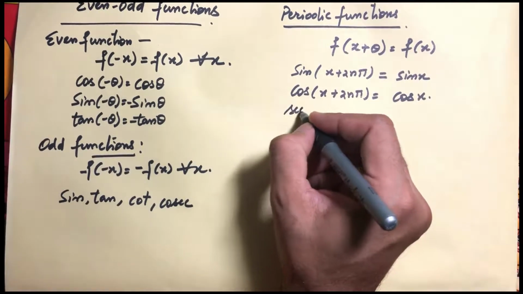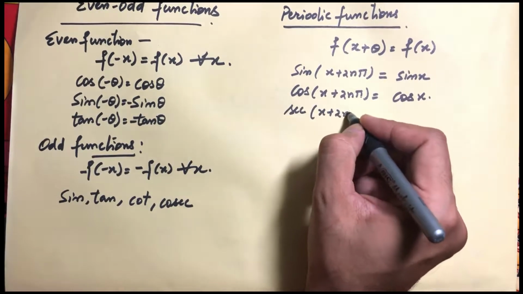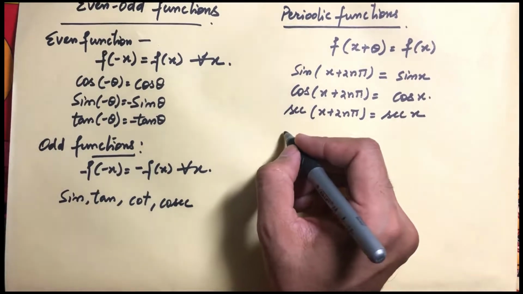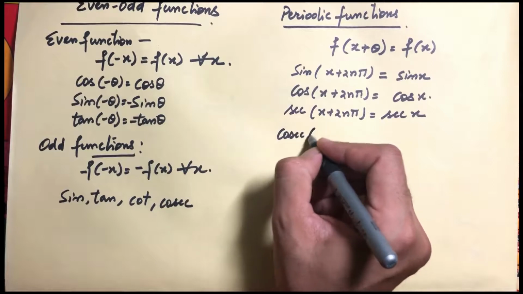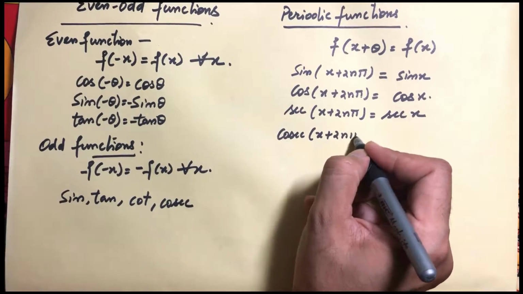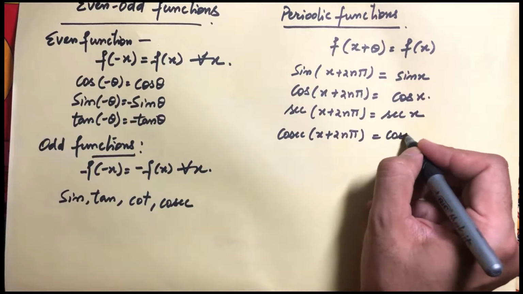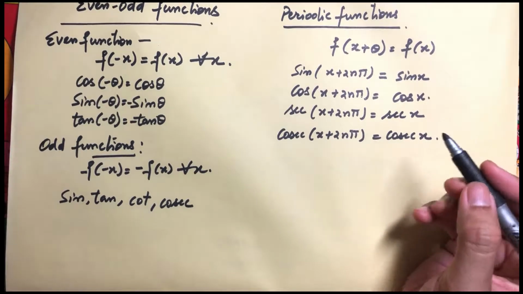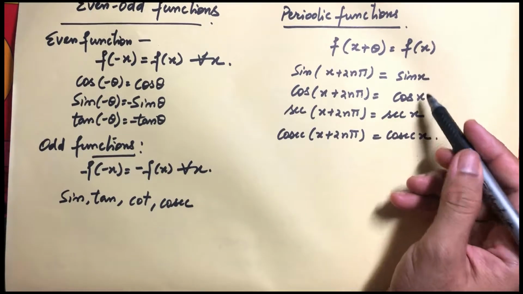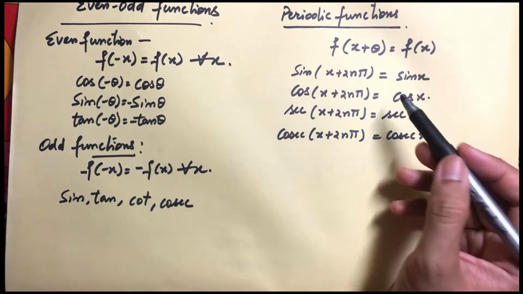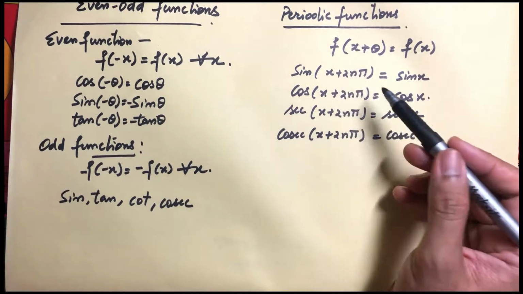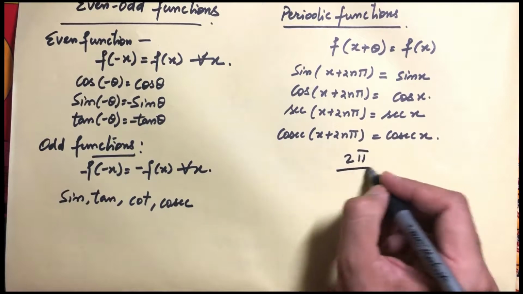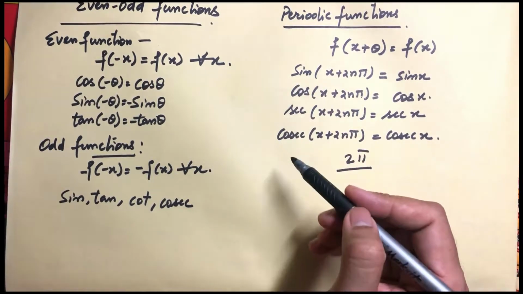Similarly, secant of x plus 2n pi is secant x, and cosecant of x plus 2n pi is cosecant x. So that means all these functions remain unchanged by adding 2 pi or a multiple of 2 pi. So what is the period then? The period is 2 pi for sine, cos, secant and cosecant.